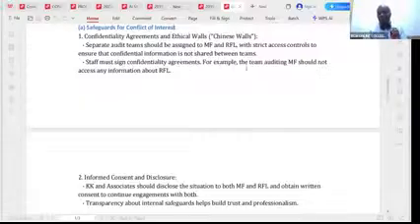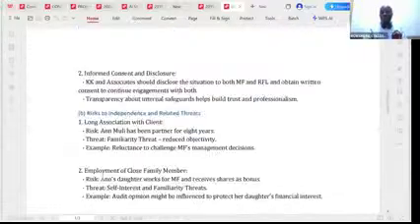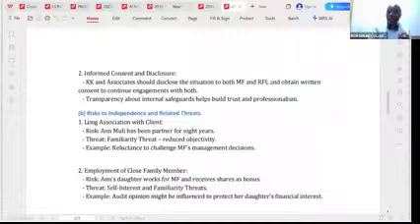For example, the team auditing MF should not access any information about RFL. Number 2, we have informed consent and disclosure. KK and Associates should disclose the situation to both MF and RFL and obtain written consent to continue engagements with both. Transparency about internal safeguards helps build trust and professionalism.